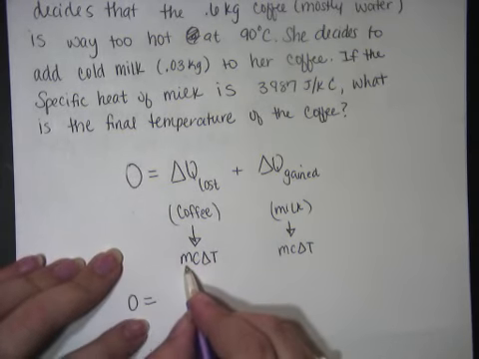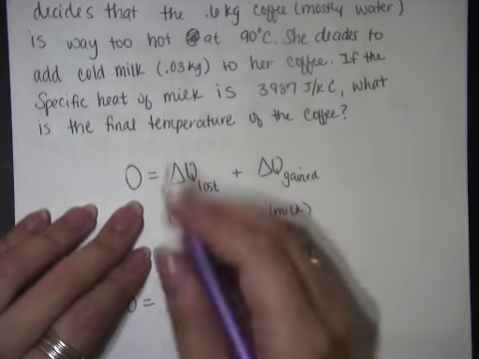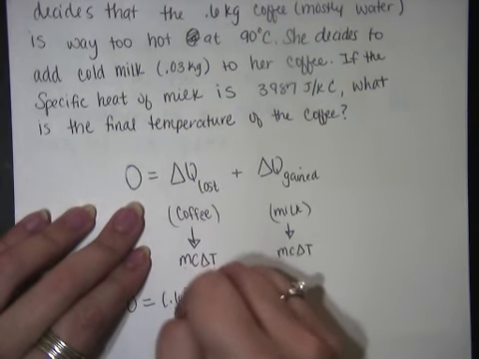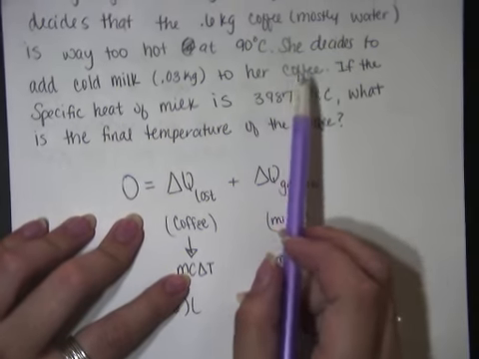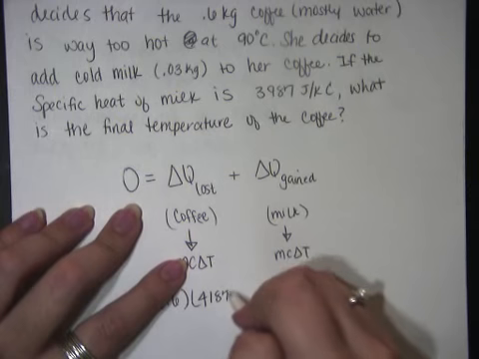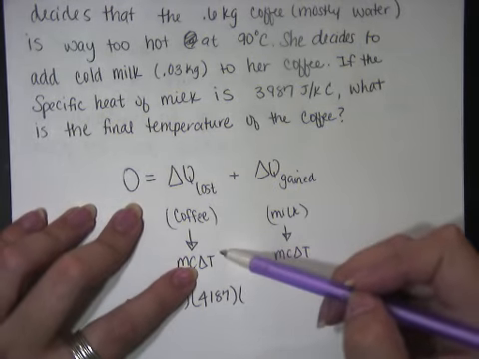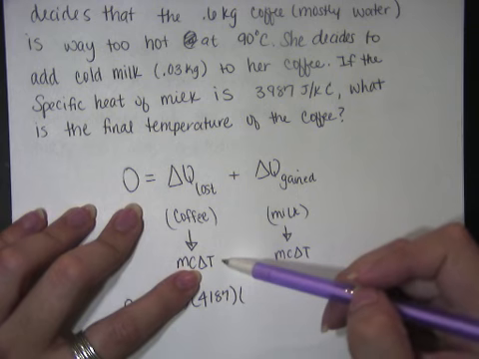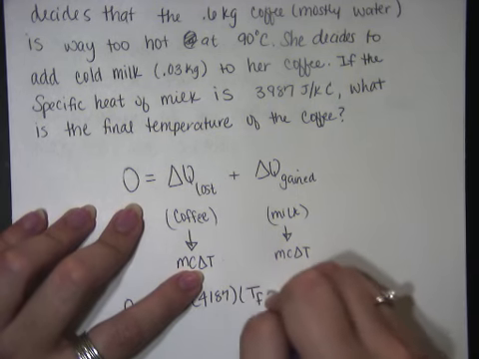Okay? The mass of the coffee was given to us at 0.6 kilograms. The specific heat of coffee, since it's made mostly of water, is going to be 4,187. And the temperature change of the coffee is going to be ultimately what we're looking for, but specifically we're looking for the final temperature of the coffee.